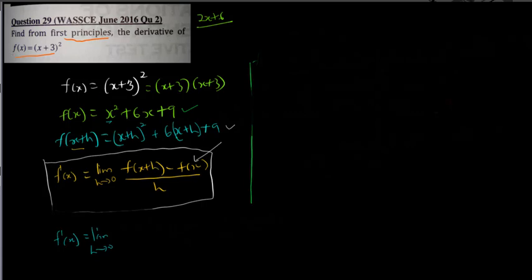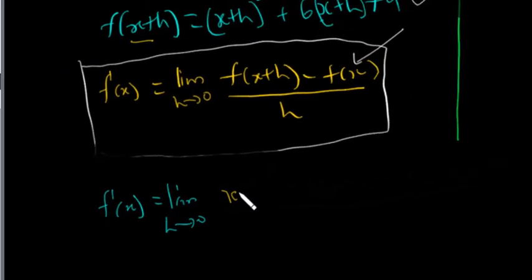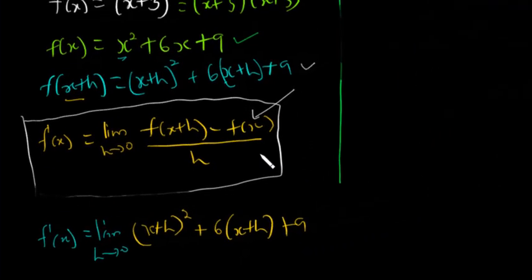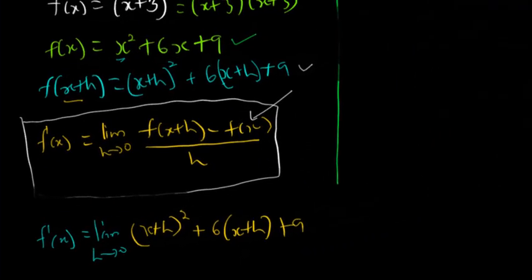f of x plus h is this function over here, so we write it down, and that is x plus h all squared plus 6 times x plus h. Then we have plus 9, okay, and we have minus the f of x, and the f of x here too is the function here.